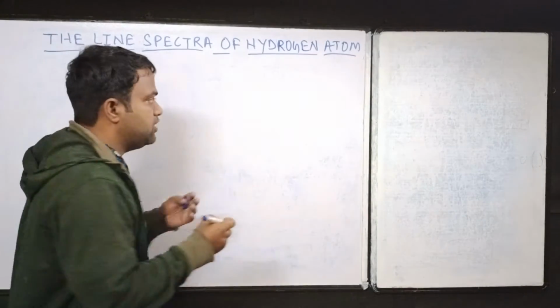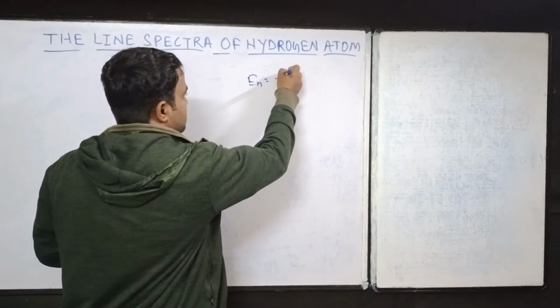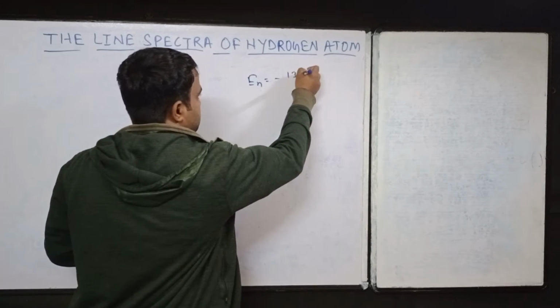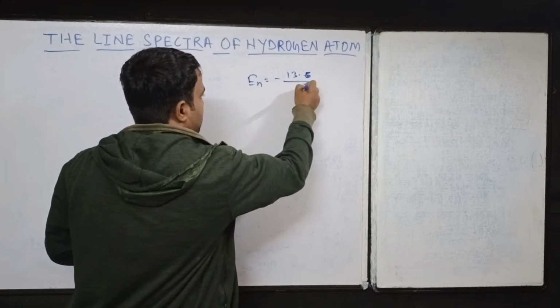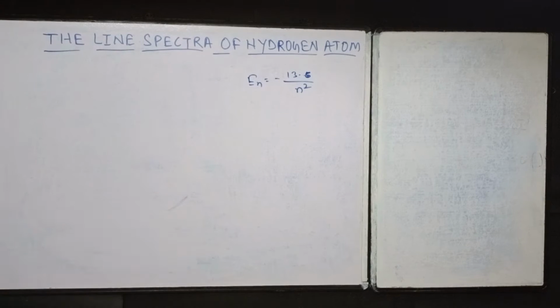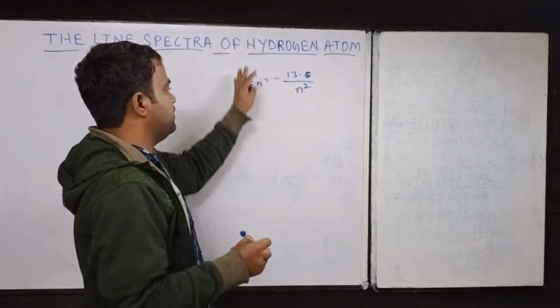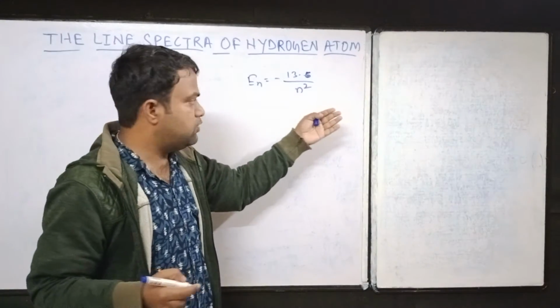Considering Bohr's model, we have calculated the energy of the nth orbit is minus 13.6 by n square. If you remember in the previous video, it is minus 13.6 by n square, and n is 1, 2, 3, 4 like that.